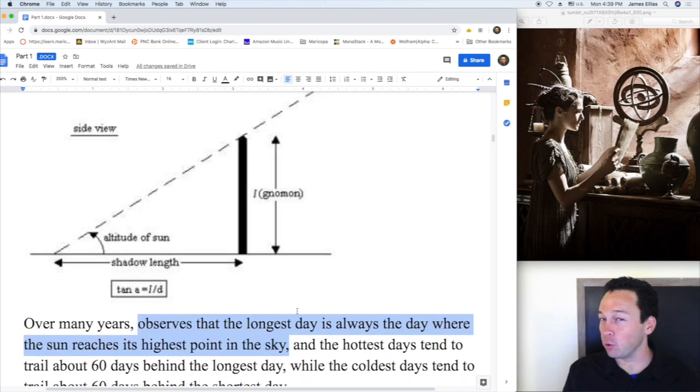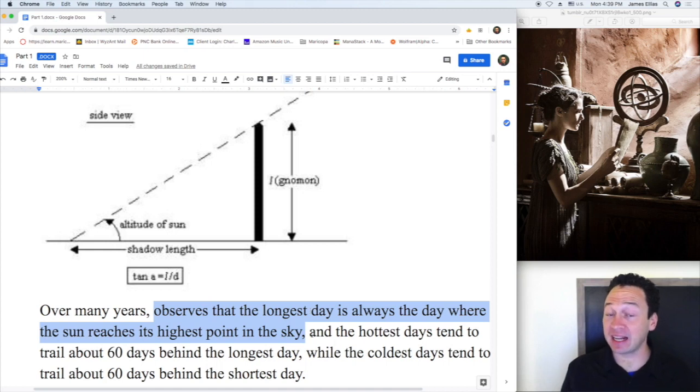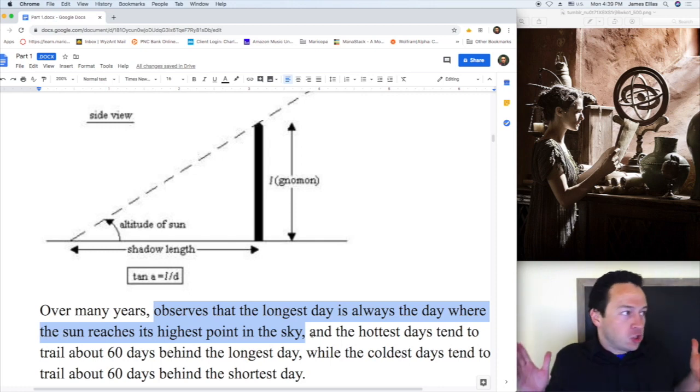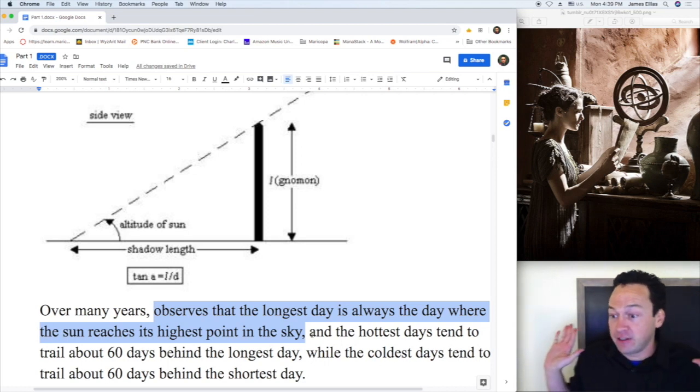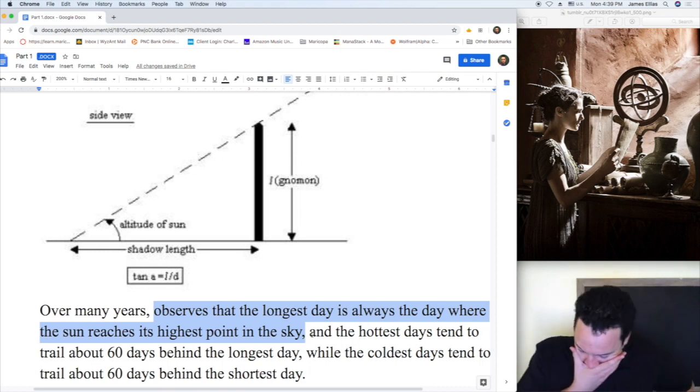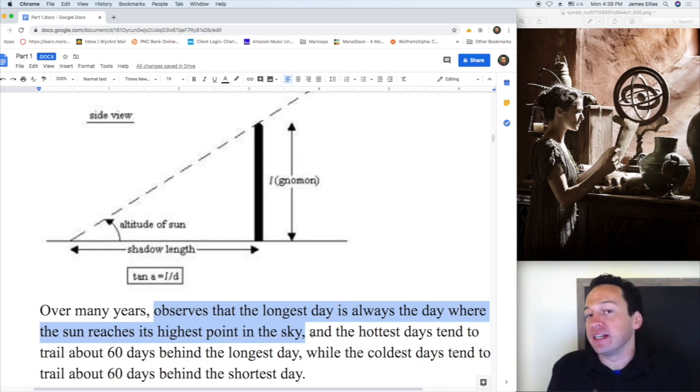However, something a little weird happens. You'd expect that to also be the hottest day, right? If Anthropocleitus' hypothesis is right, then you'd think, well, it's the longest day, the sun's out the longest, so that's going to be the hottest day. Or maybe if it's not that, then maybe our hypothesis is wrong. Well, it doesn't work exactly like that.